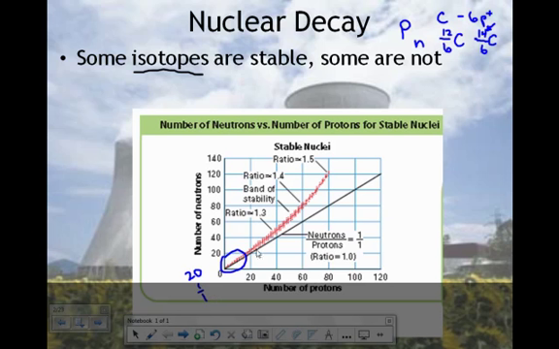But then once we get into larger elements, greater than 20 in their atomic number, then we need to have more neutrons to stabilize. You see, protons are positively charged and they repel one another. So we need more neutrons in that nucleus to sort of cushion that electromagnetic force that would normally push the protons away. See, these two guys have the same charge.